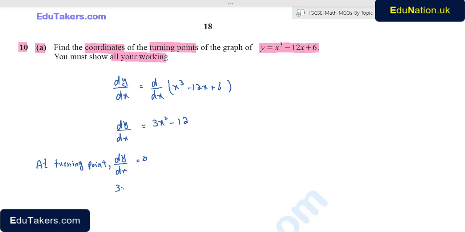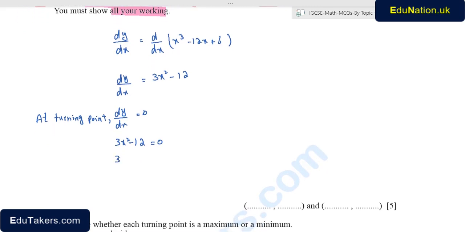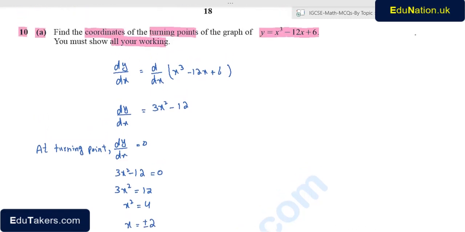Then 3x square minus 12 is equal to 0. 3x square is equal to 12 and x square is equal to 4, then x is equal to plus minus 2.